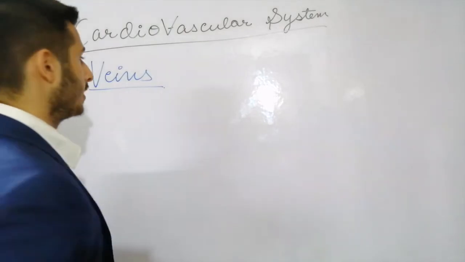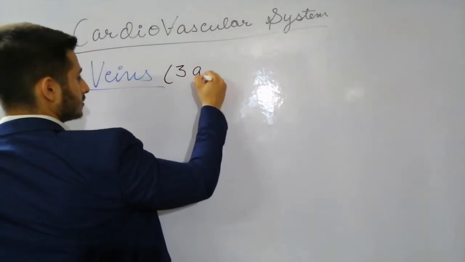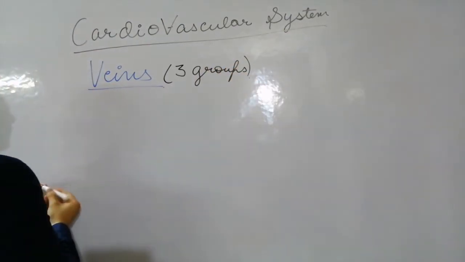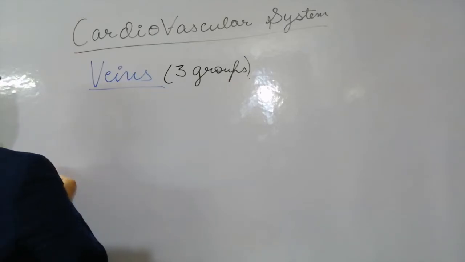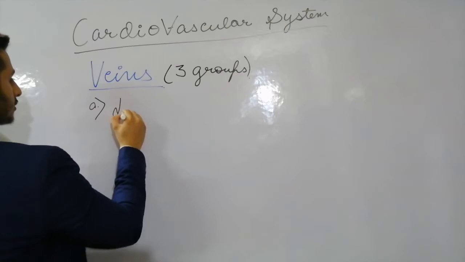Veins are also subdivided into three groups. The first group is called the large veins.